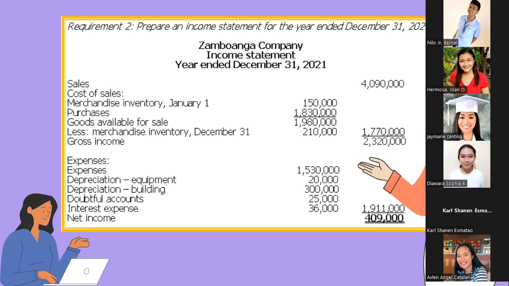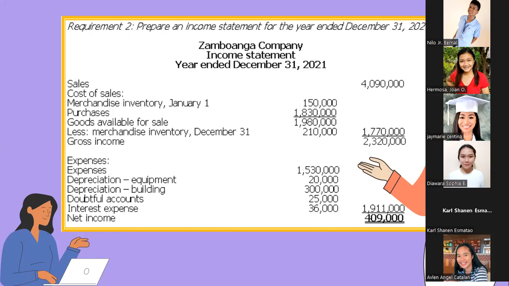What account normally decreases the carrying value or book value of an equipment or building? It is the accumulated depreciation, ma'am. Okay. So in the trial balance on December 31, 2021, do you find the account accumulated depreciation? There is no accumulated depreciation, ma'am.